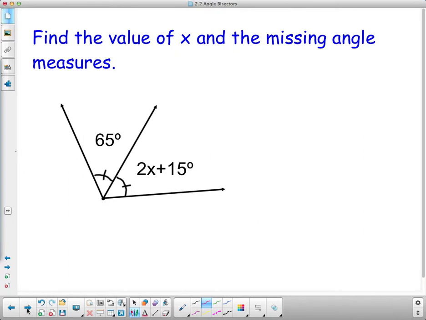All right, next problem. Find the value of x and the missing angle measures.